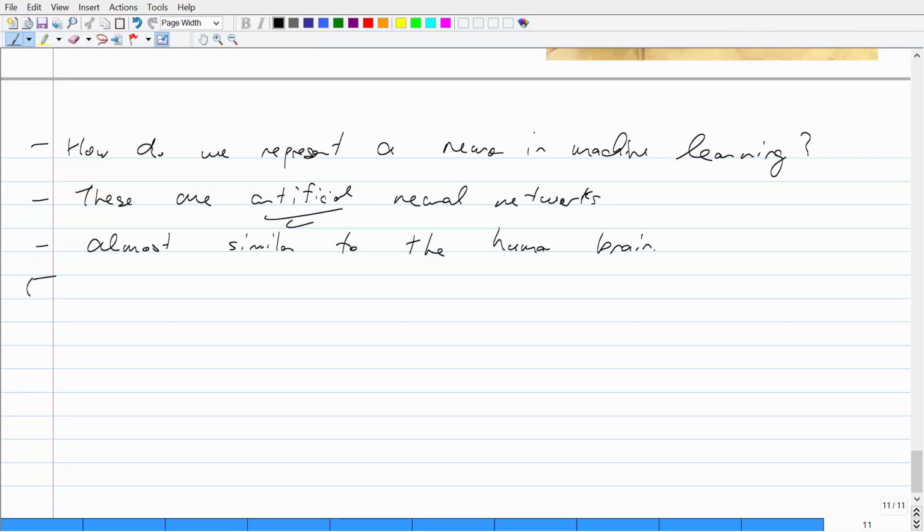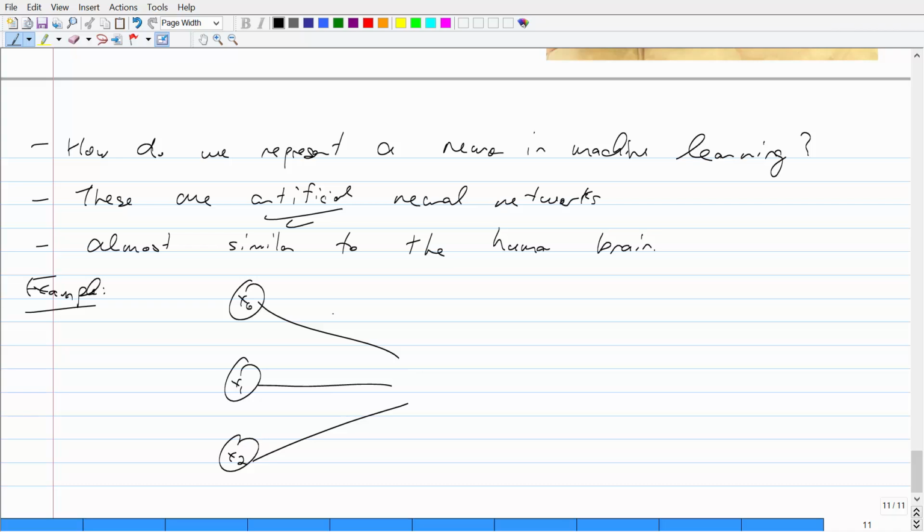Okay, so here's a quick example of how we would represent it as a computational unit in machine learning. We've got a bunch of input nodes or input signals. Let's start with something very basic. We've got a bunch of weights, and I'll talk about these as I draw them out, and this is the output. So we call these the input units.